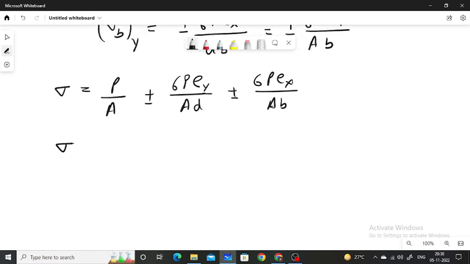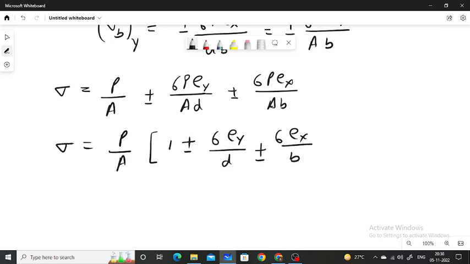Now the total stress will be P by A 1 plus minus 6 EY upon D plus minus 6 EX upon B.